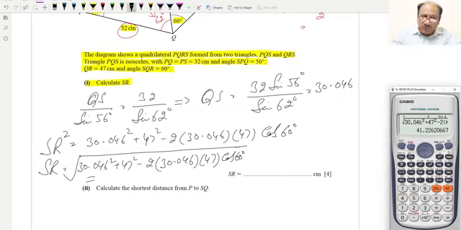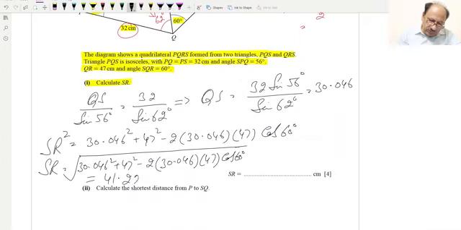This is equal to 41.226. We can round to 2 decimal places, so 41.23. This will be our final answer for 4 marks, 41.23.